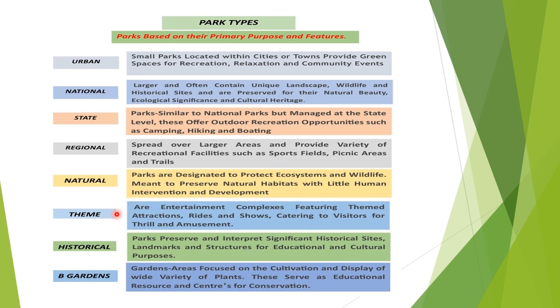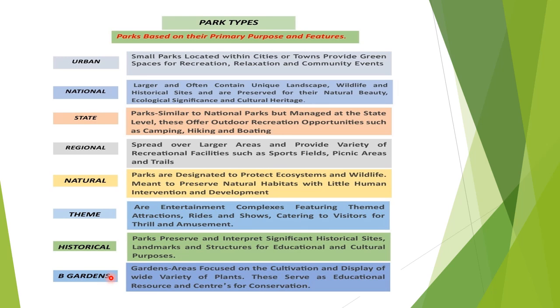Whereas the theme parks are basically amusement parks, which are as per the themes. Historical parks are those meant to preserve and interpret the significance of historical sites, and they have historical landmarks and structures for education and cultural purposes.